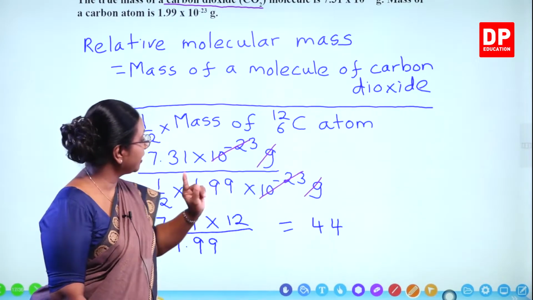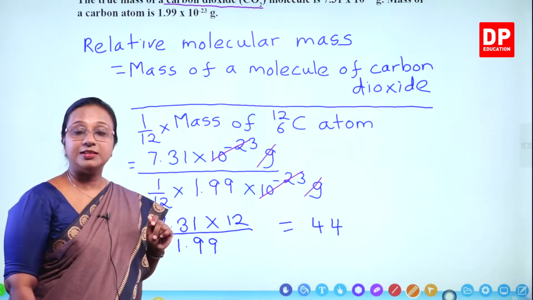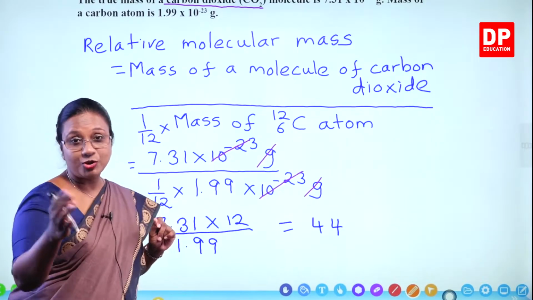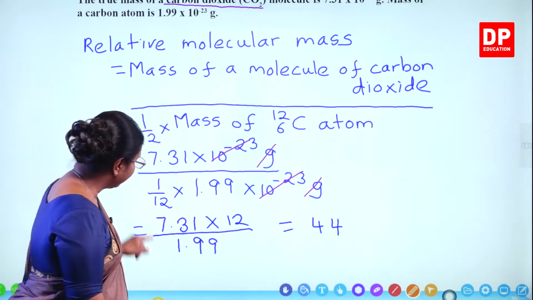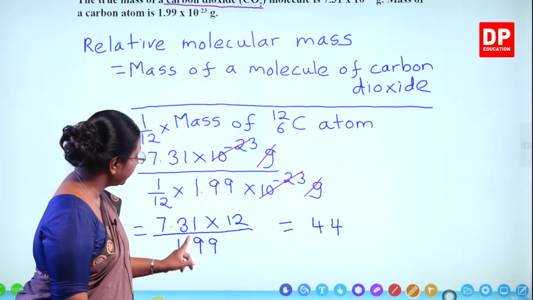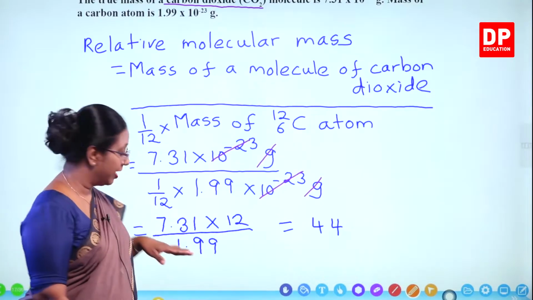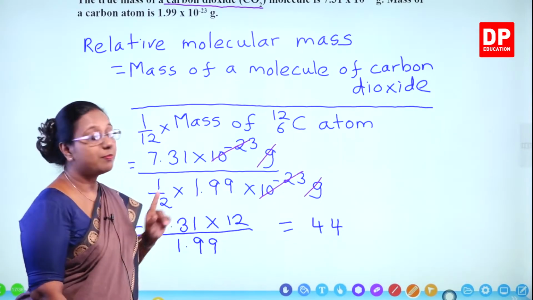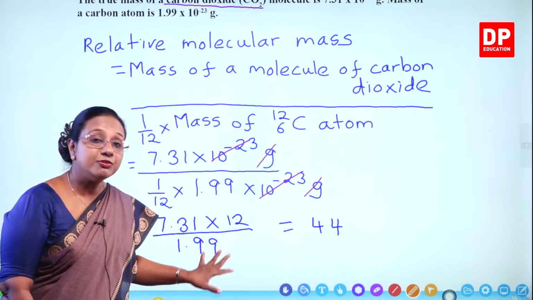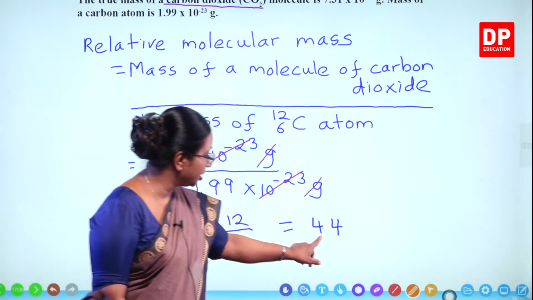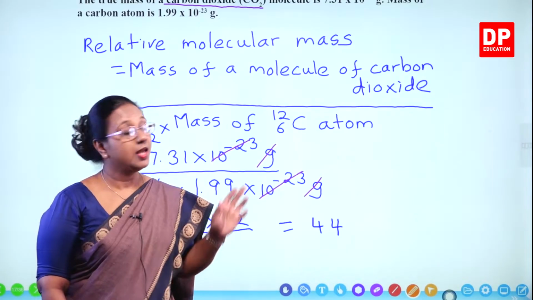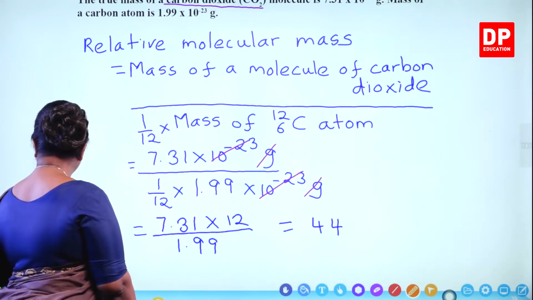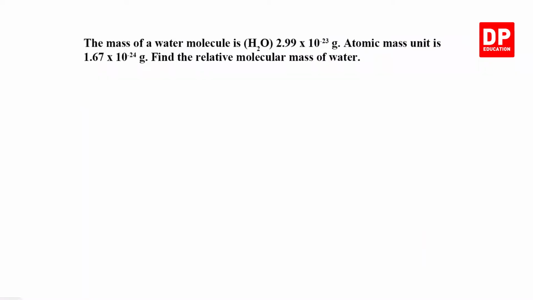So the grams get cancelled off, 10 to the minus 23 gets cancelled off. I'm sure you are very good in maths, so you know what happens here. Then we rearrange 7.31 into 12 divided by 1.99. So if you simplify this equation, you will get the value as 44. With that, I will move on to another example.